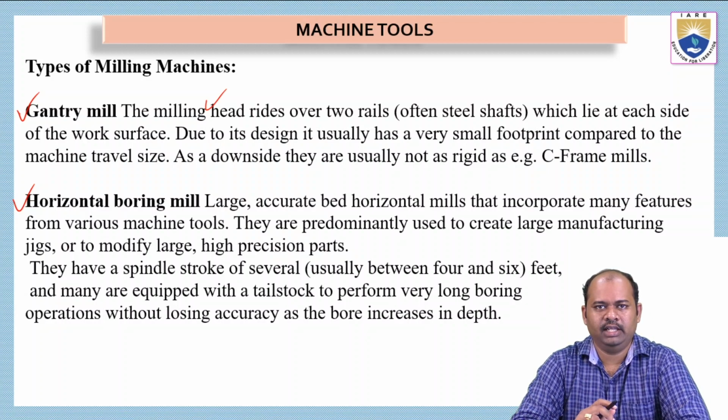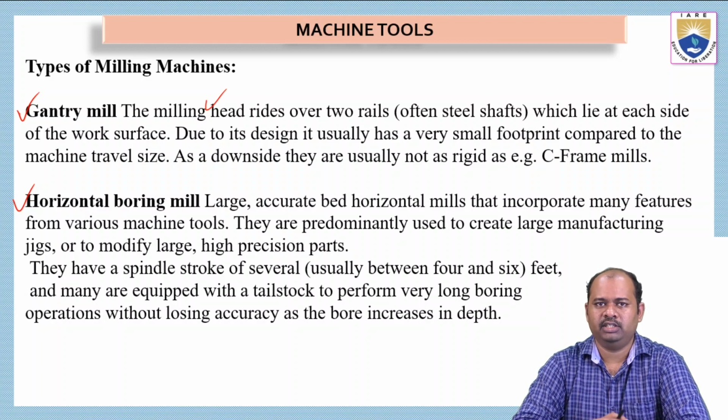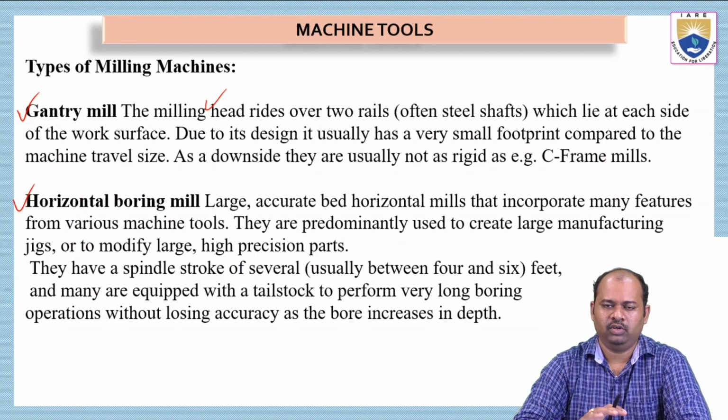As we have said earlier, we have seen different operations on lathe machines like turning, facing, drilling, boring, honing, etc. All those operations can be performed by milling machines also. Even a single milling machine can perform all the operations of a lathe.